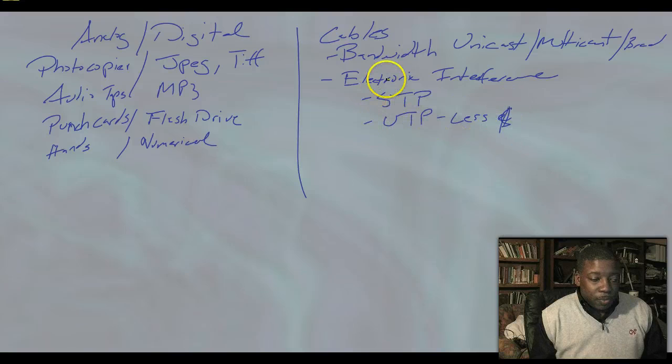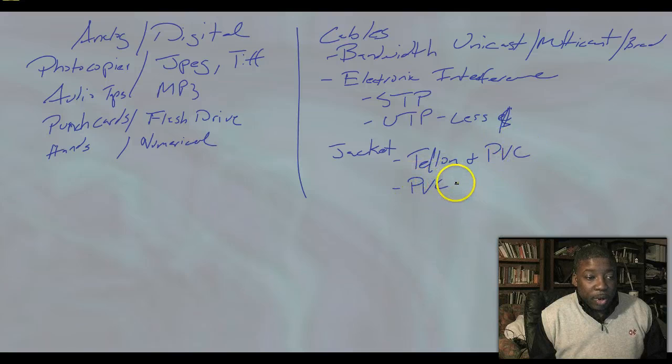Let's do the dollar sign. You also need to worry about what type of jacket your cable is housed in. So basically you have Teflon and PVC. And it's good to know that PVC, when it's burning, emits a deadly gas.